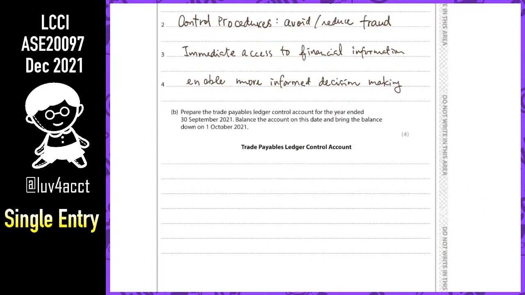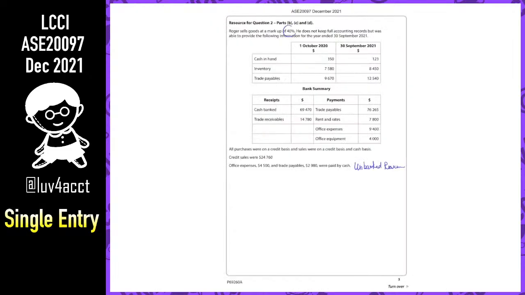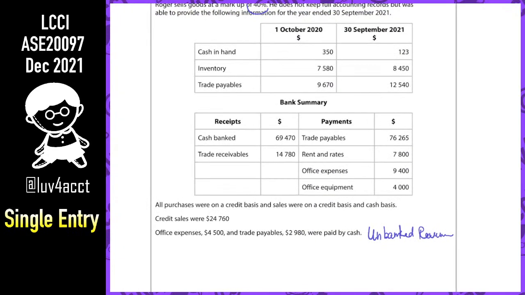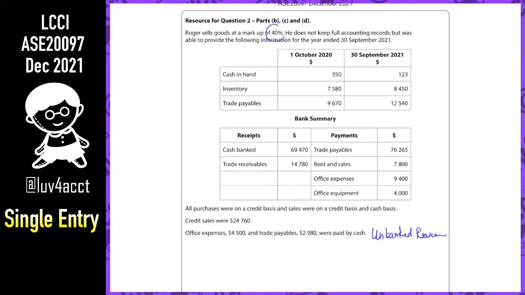Okay, so now we go on to the calculation part. We have 3 accounts to prepare: the trade payables ledger control account, the statement of profit or loss, and the cash book. For the trade payables ledger control, you use the opening balance, closing balance, and the amount you pay your trade payables.